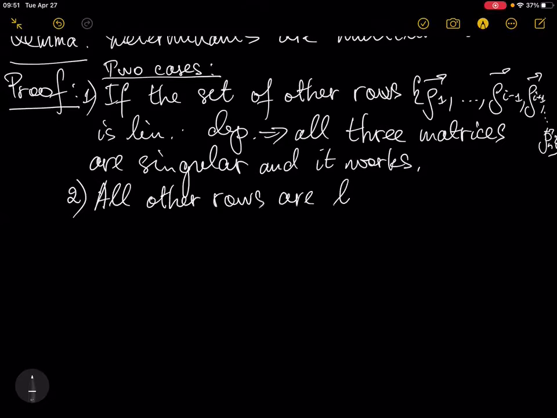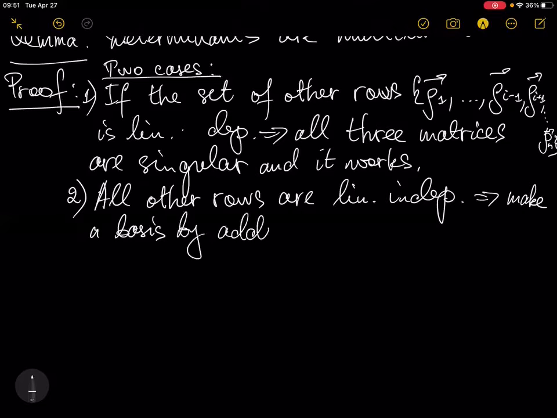Okay, therefore, now we need to consider the second case, that all other rows are linearly independent. Okay, so then let's make a basis by adding one more vector, because we have an n-dimensional space, right?